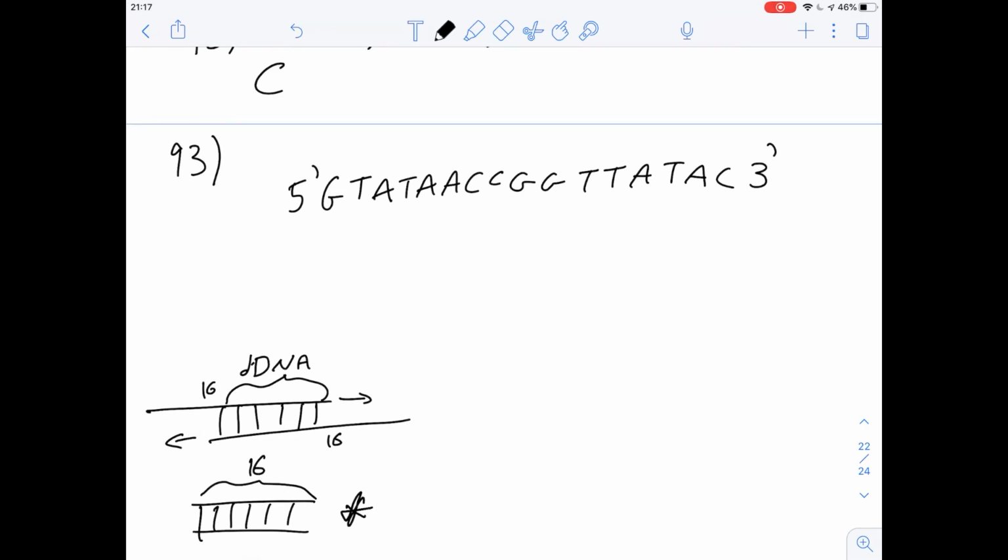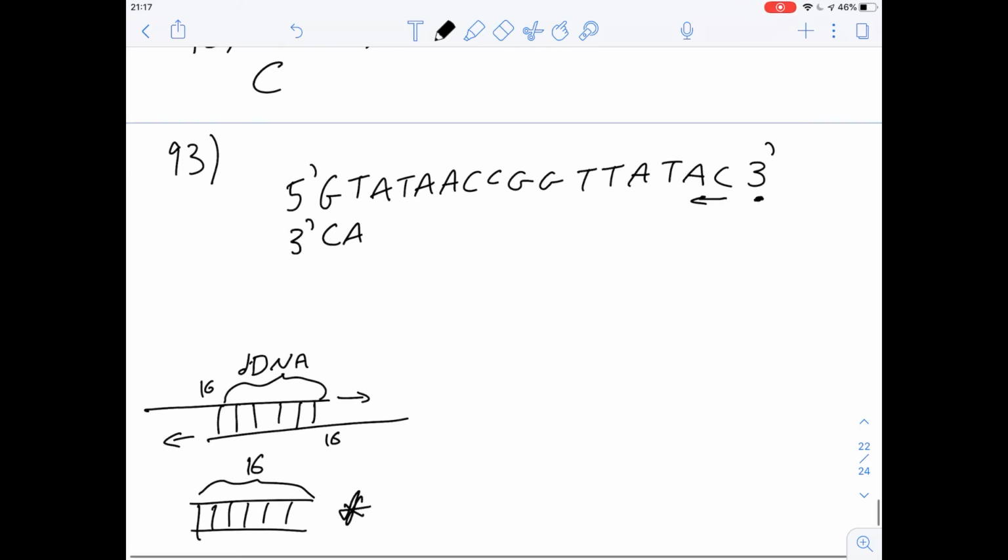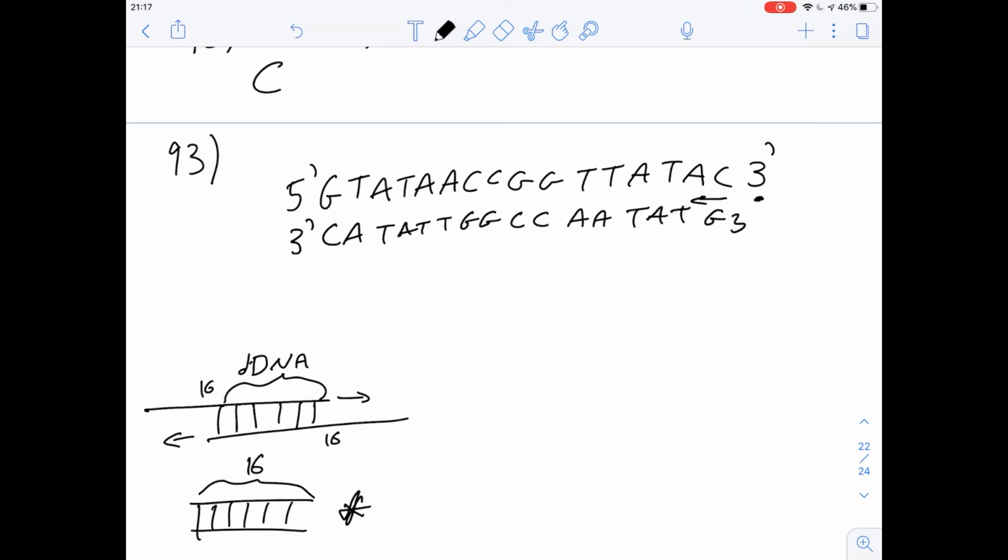We've been talking about the identical forms of this, and it's really just a matter of writing it out backwards. I'm going to start at this end and write 3' here, and then CA, and work my way along. CA, TA, T, T, G, G, and of course when you get halfway you know that it will work, but we'll keep going.